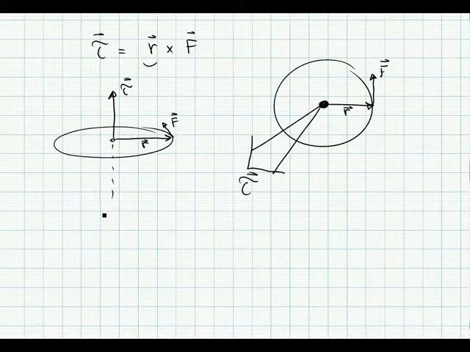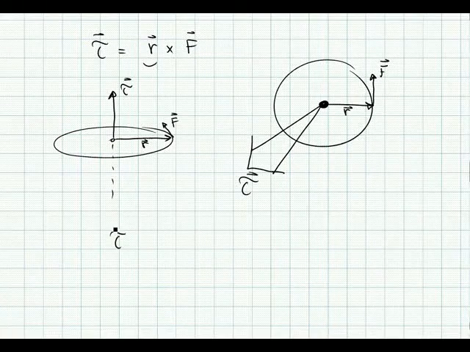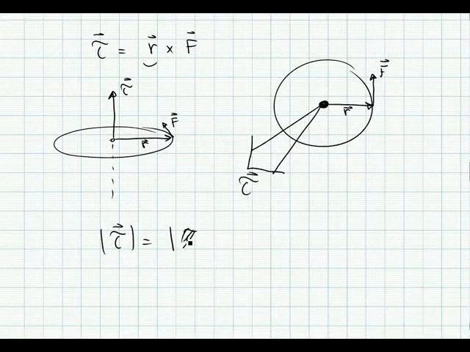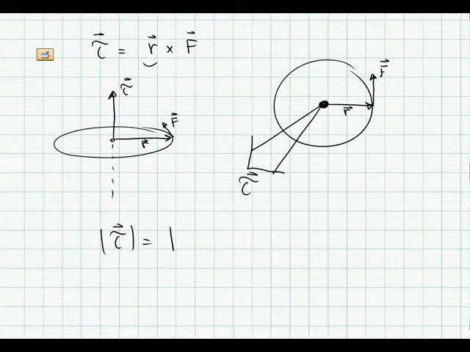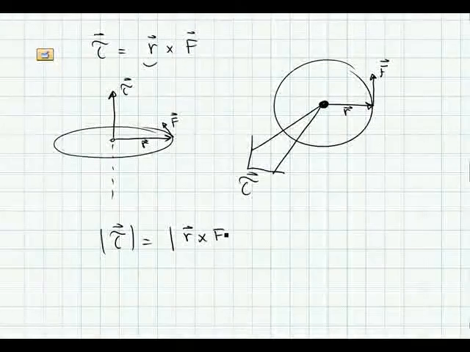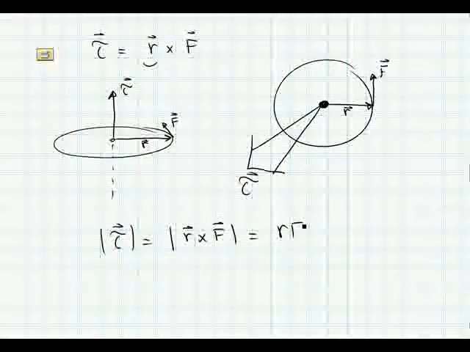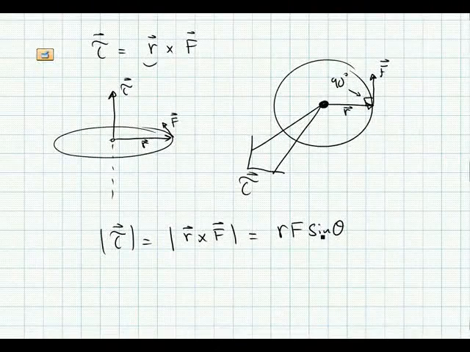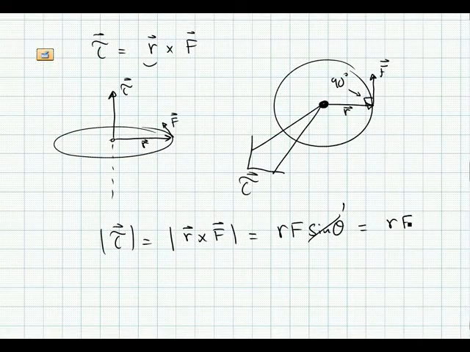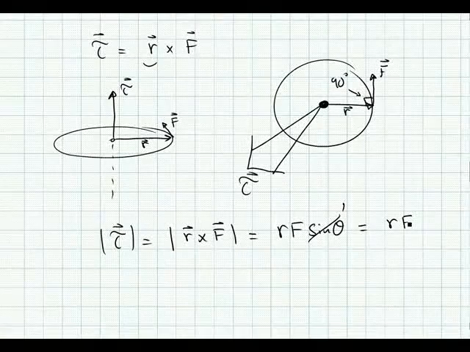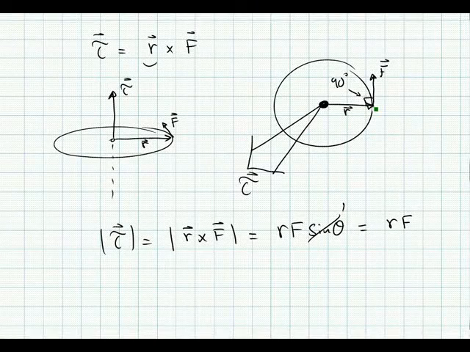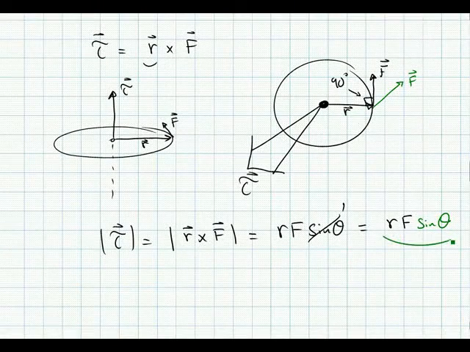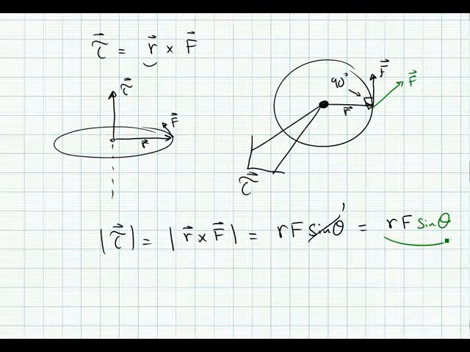And we see that the magnitude of torque is given by the magnitude of the vector cross product of r and F, which is rF sine theta, but of course theta being 90 degrees, sine theta is simply 1, so that's simply rF. 90 degrees in this case. Had F been applied at an angle, then of course sine theta would not have been equal to 1.